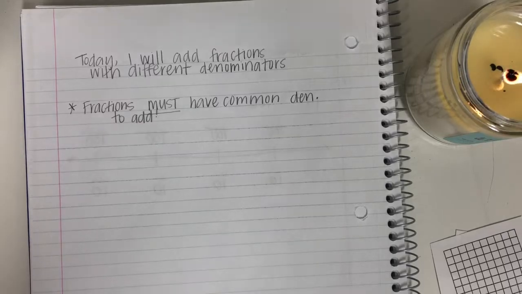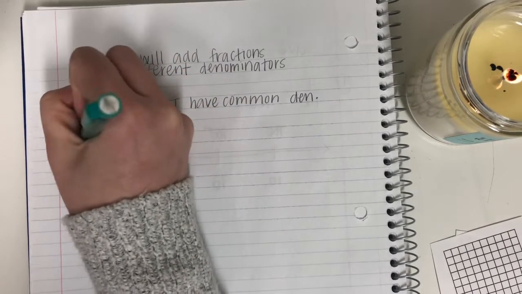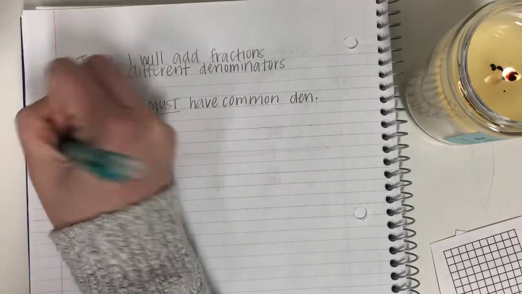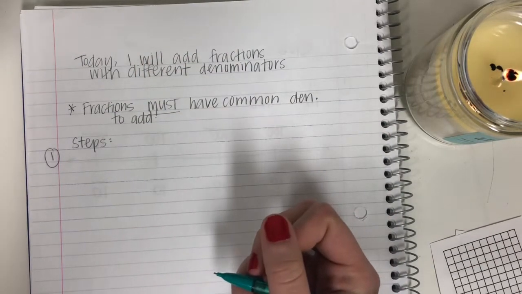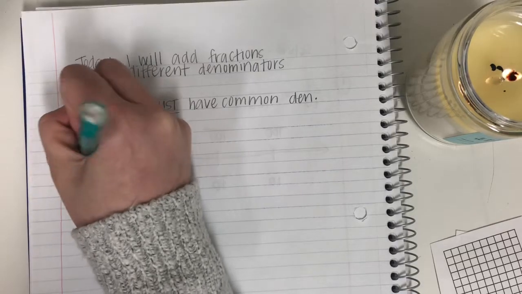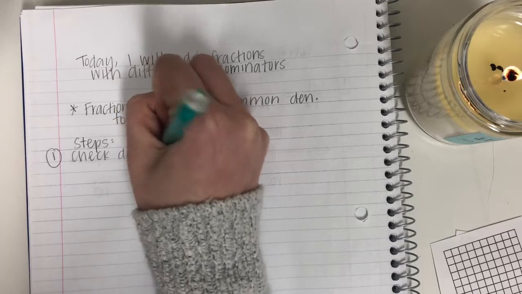Okay, so let's check. The steps are super simple for this lesson, so let's just write them really quick. So step 1, first you gotta check the denominators. Can you just add across and add the numerators? If not, you need to change. So I'm gonna write check denominator.